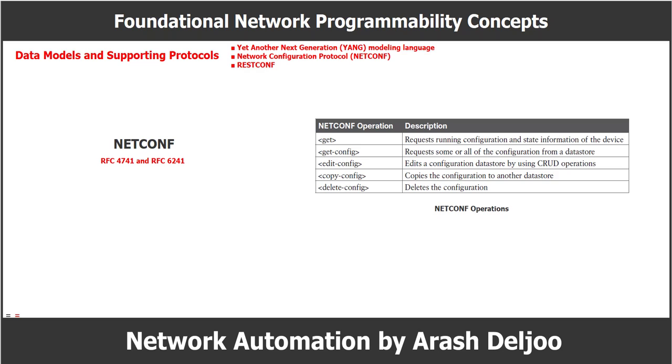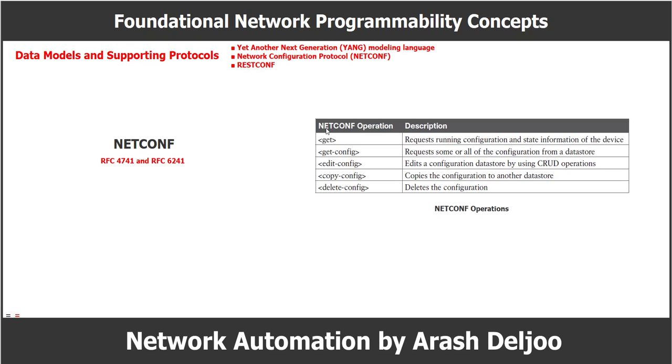In this table, we can see the common NETCONF operations, and information and configuration are stored in data stores. Data stores can be manipulated by using the NETCONF operations that you can see here. NETCONF uses remote procedure call, or RPC, messages in XML format to send information between hosts.